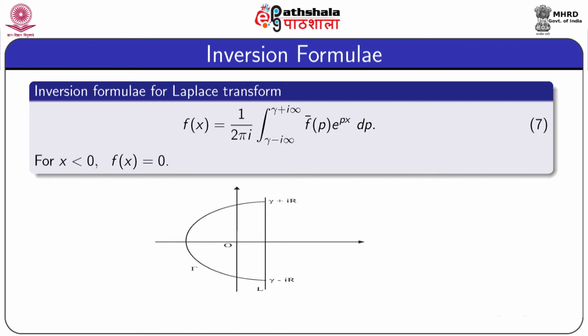So, in either case, if it is a single valued function or it has some branch point, the value of the integral is to be evaluated using Cauchy's residue theorem, which says that the value of the integral 1 divided by 2 pi i integration f bar p e to the power px dp is equal to the sum of the residues at the poles of the function f bar p.